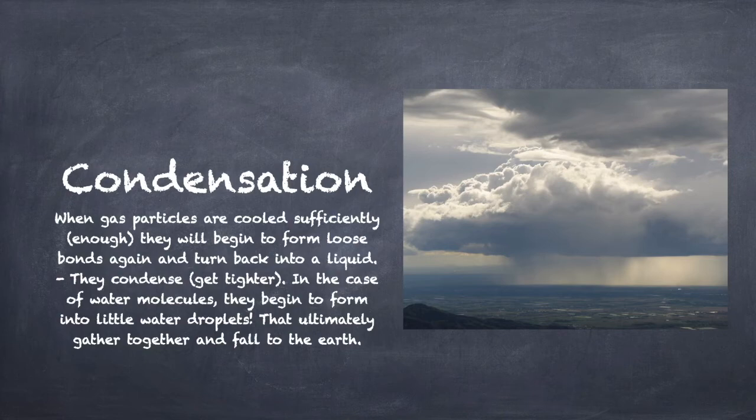So it condenses, it gets tighter, and the energy of the individual water molecules begins to drop, and they begin to be able to form bonds again. Not tight bonds of a solid, though that does happen when you get hail, right, or snow. So they form little water droplets, and eventually they get heavy enough to fall to the earth, which is quite amazing.